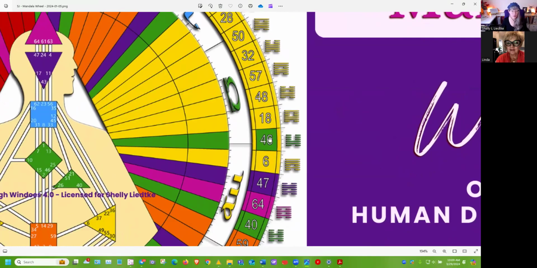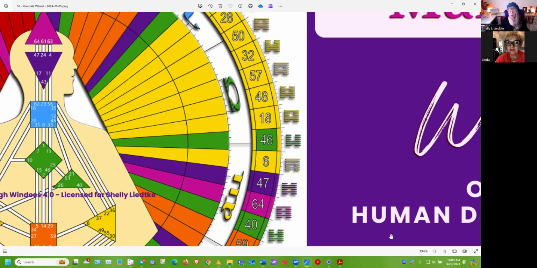We're going to start with gate 46, and you'll notice that it's on the second or third line that gate 46 stops being in the sign of Virgo and switches to the sign of Libra. And I'm going to turn to my book.